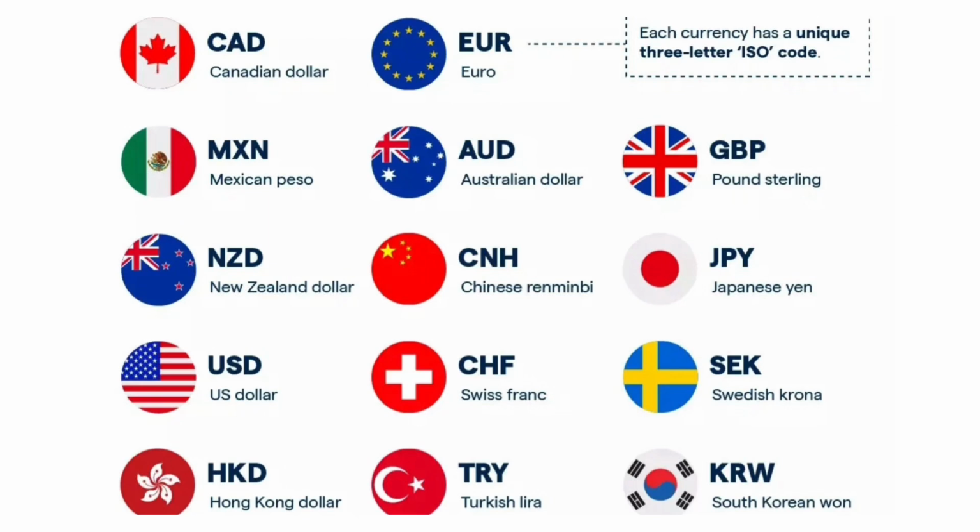There is an exception to this ISO code system, which is the Swiss franc, that is CHF. Now, the CHF is the currency for Switzerland, and the CHF is an abbreviation that comes from the Latin words Confoederatio Helvetica. In English, it means the Swiss Confederation.